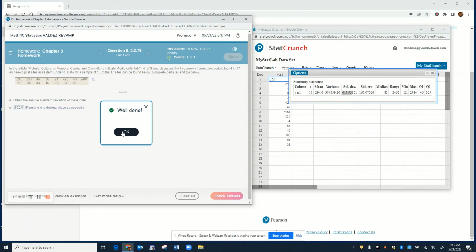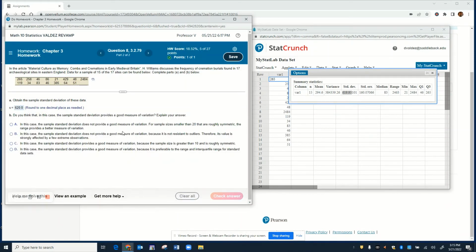Well done. Do you think in this case, the sample standard deviation provides a good measure of variation? Well, let's see. In this case, the sample standard deviation does not provide a good measure. For sample sizes smaller than 20 that are roughly symmetric, the range provides a better measure of variation.